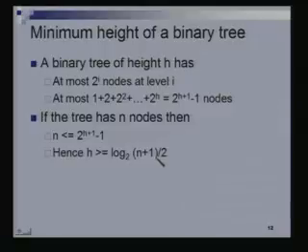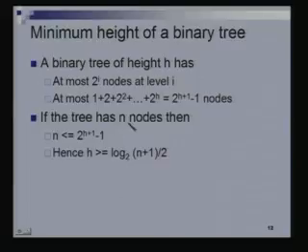So if I give you a binary tree with n nodes in it, its height is at least log of (n plus 1) by 2. And there is a particular binary tree which achieves this equality, and that's the complete binary tree. Think of the complete binary tree as the tree which achieves the smallest height.